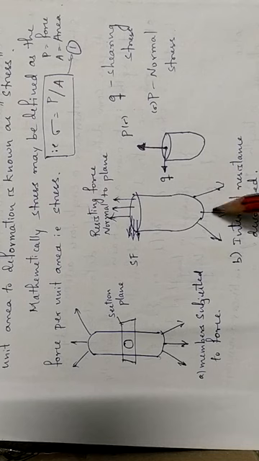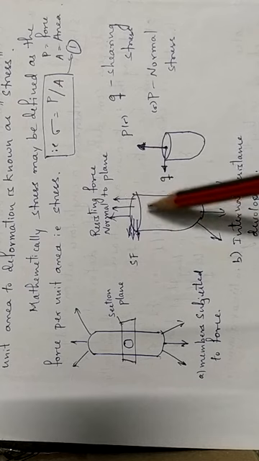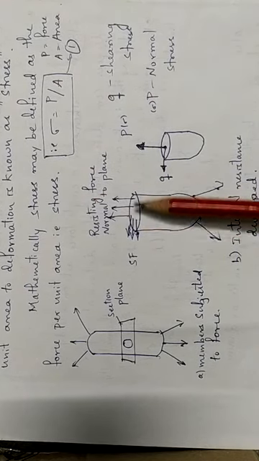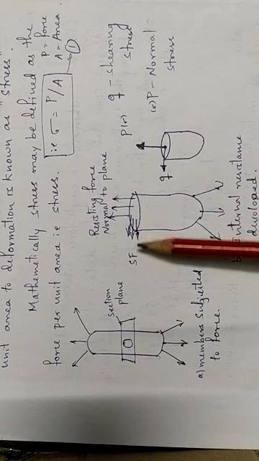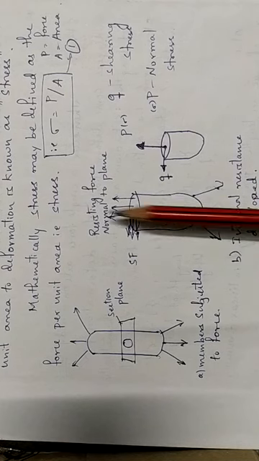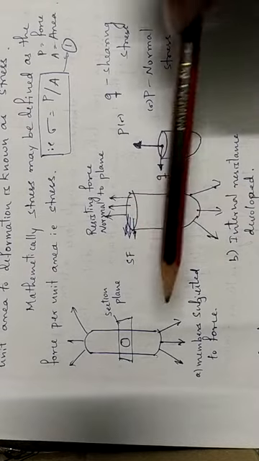When the load is applied on one side, there must be an internal resisting force normal to the plane. See here, this is a section plane now. The resisting force acts normal to the plane, and parallel to the plane is shear.